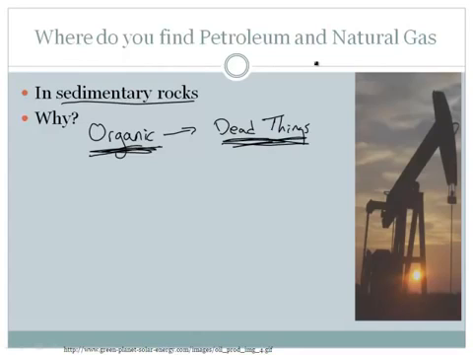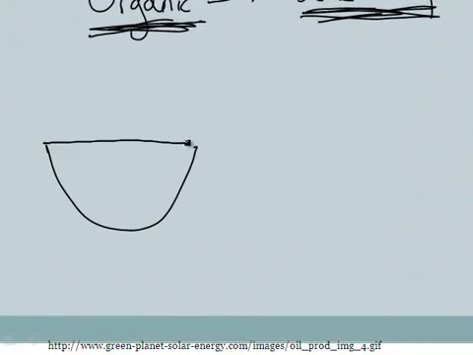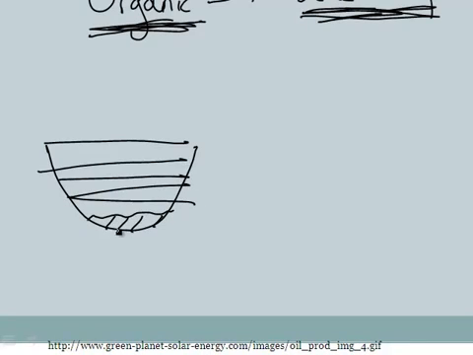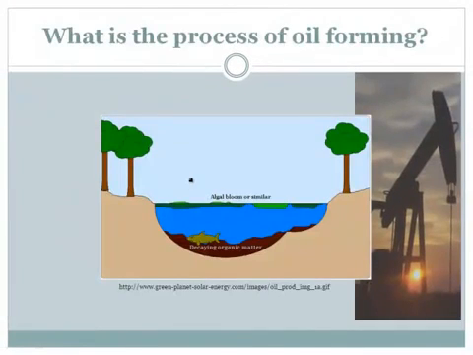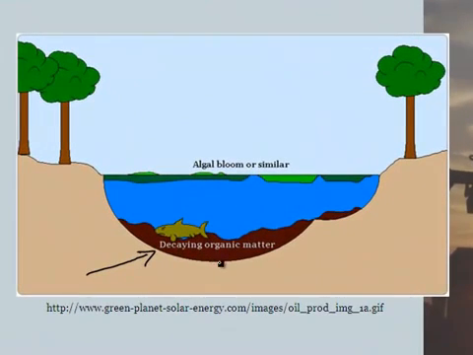Sedimentary rocks, of course, get buried. So if you've got a river or a lake or something like that, and something dies and settles to the bottom, and over time, layer after layer gets on top of it, then we can make some oil. Here's the process of oil formation. First of all, like that picture I just illustrated, we have some decaying organic matter at the bottom of, say, a lake.